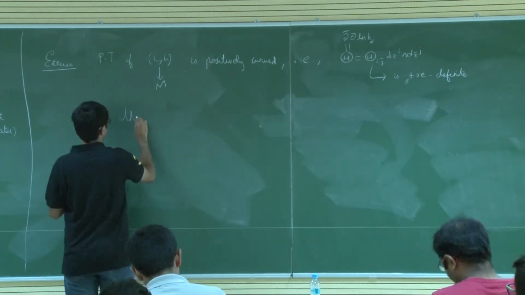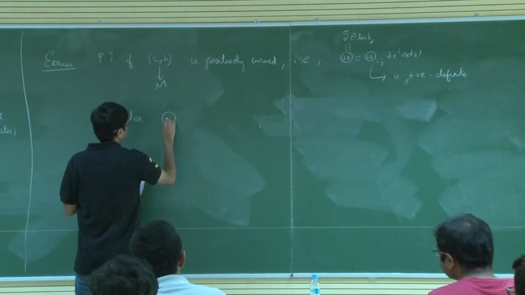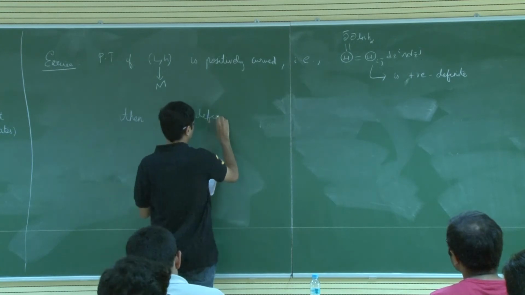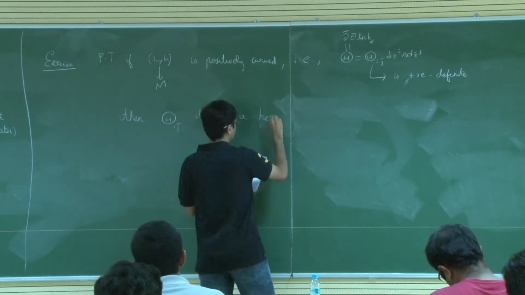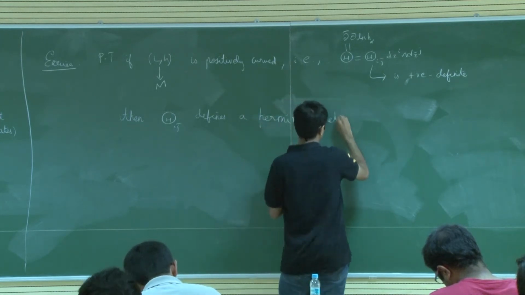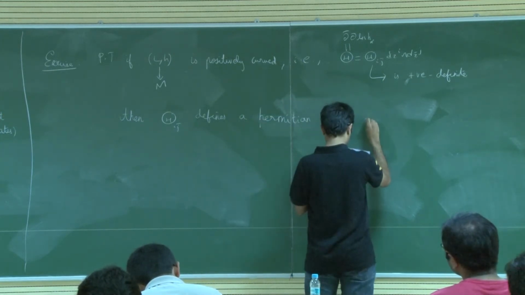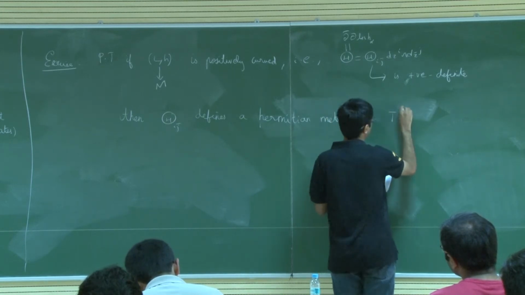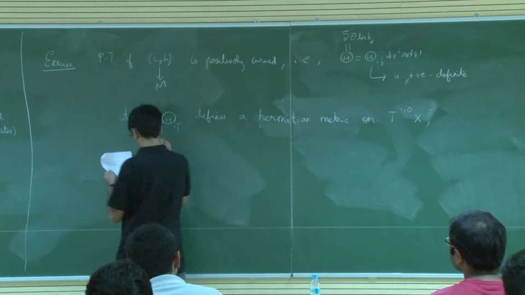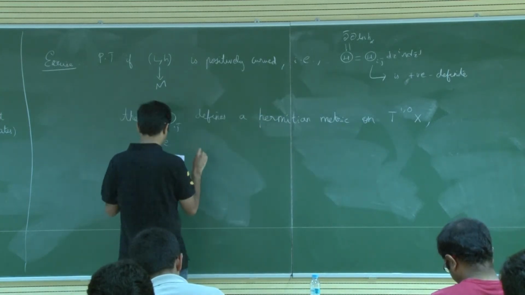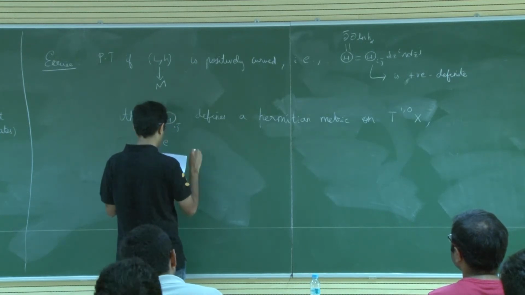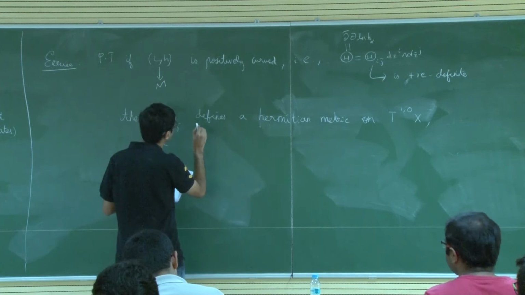Then theta i j bar defines a Hermitian metric on T^{1,0}.